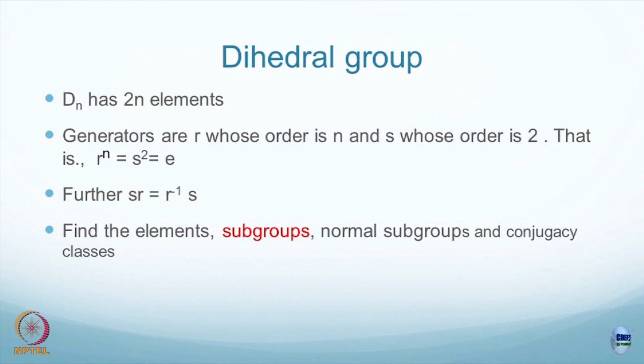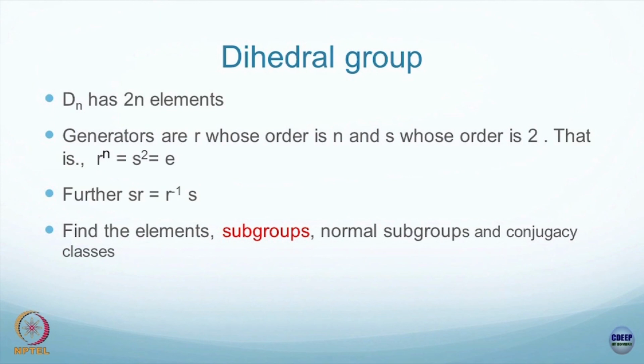At least try and do it for some specific n equal to 4 to get some clarity. n equal to 4 will have 8 elements and then you try and find out subgroups, normal subgroups, conjugacy classes. It is the first non-trivial example where you can start playing around to get more clarity on what I was saying.